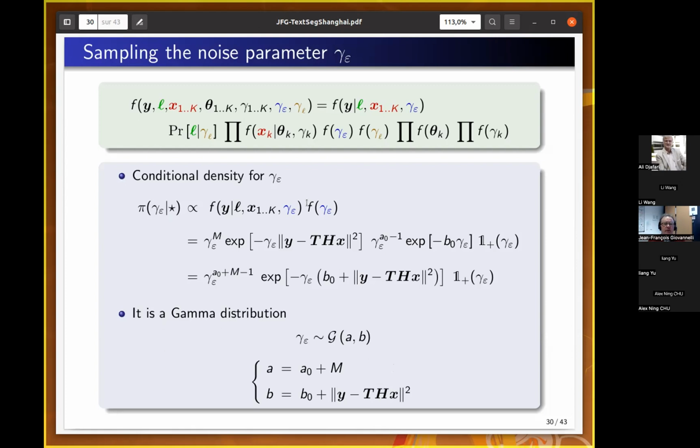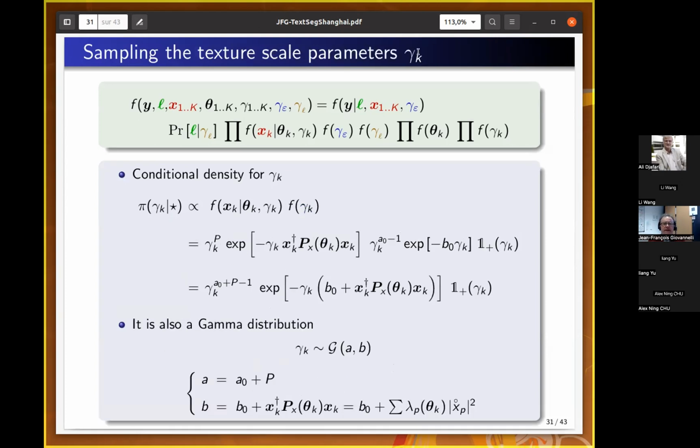We have a similar result for the scale parameters of all the texture images. We have two factors in that, one coming from the prior of the unknown texture images, this one, and one from the prior for the scale parameter itself. This is the part coming from the prior for the unknown image. This is the part coming from the prior for the scale parameter. And we see again that we have a gamma distribution.